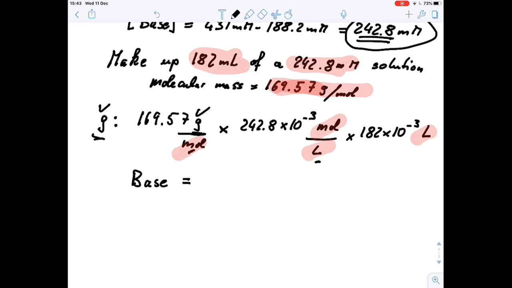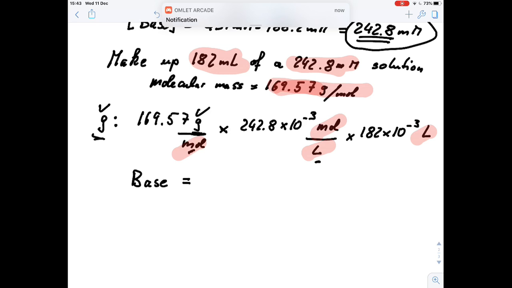Asma says 7.5 grams. Are you happy with that? Does anyone get anything else? Jayla, 7.5.